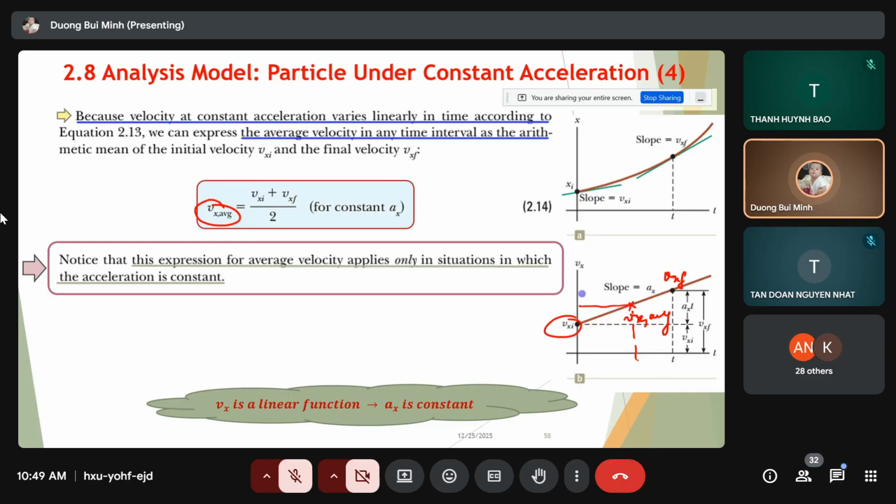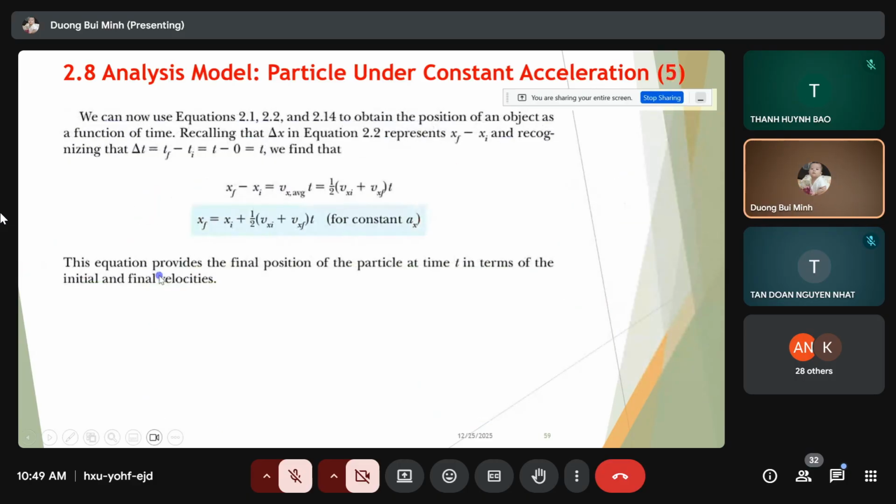If you take the sum of Vxf and Vxi divided by 2, you can get Vx average. This is the third equation. Now we combine.